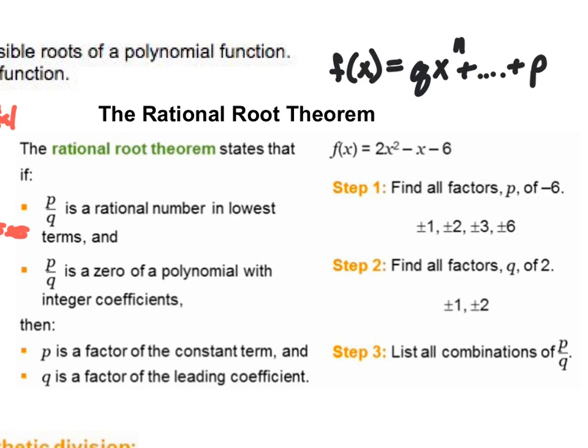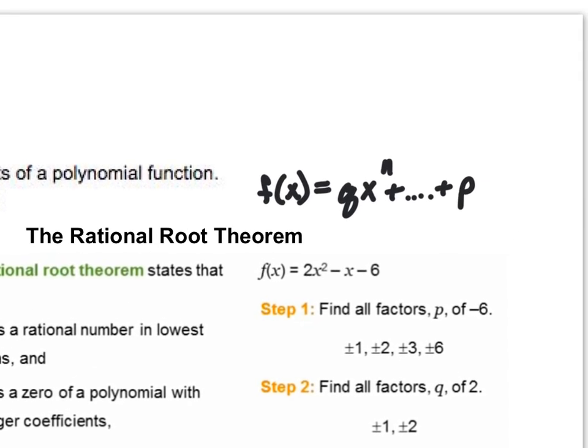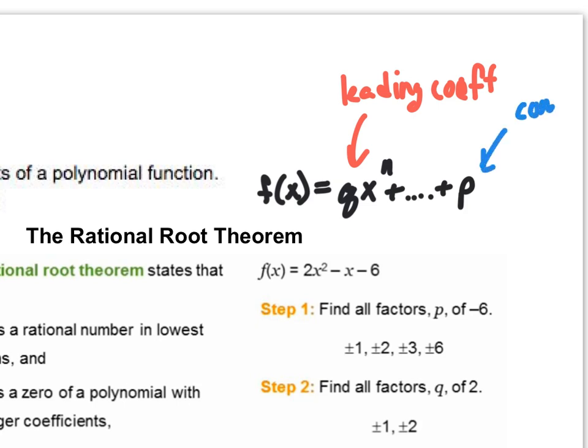Okay, so q, and let's write this down, that q is the leading coefficient in a polynomial, leading coefficient, okay? And the p is the constant, okay? And the constant is the number not attached to a variable, not attached to a variable, okay?